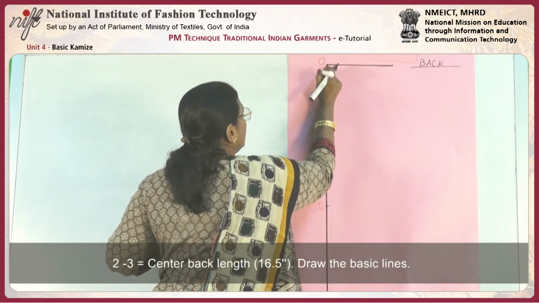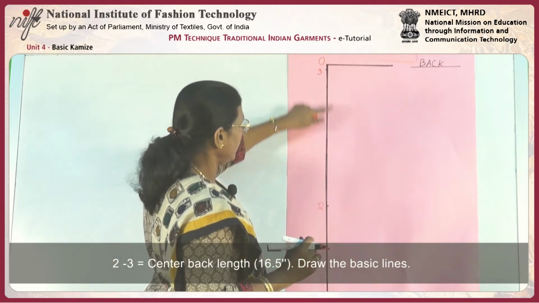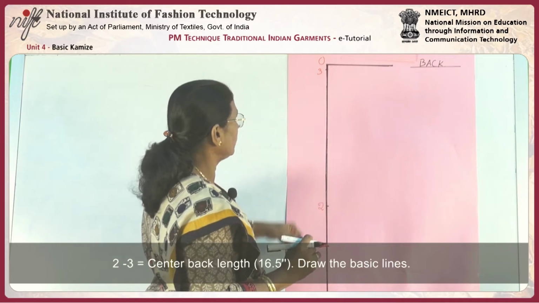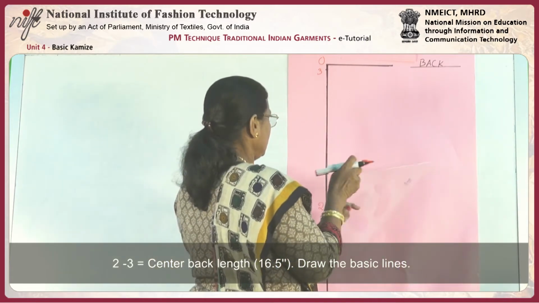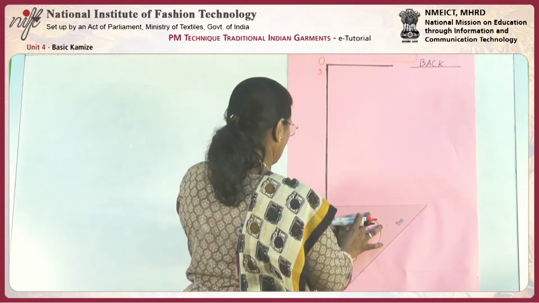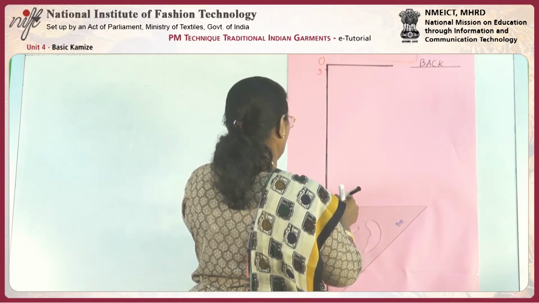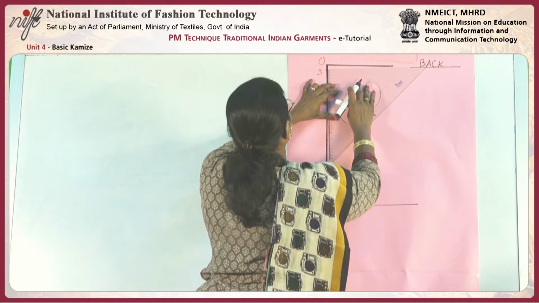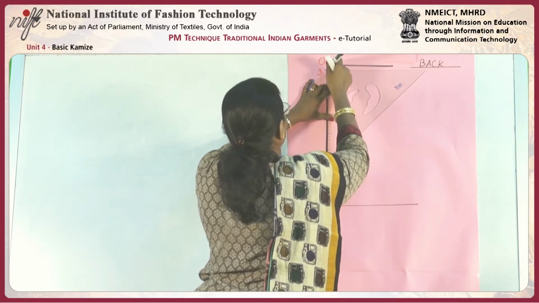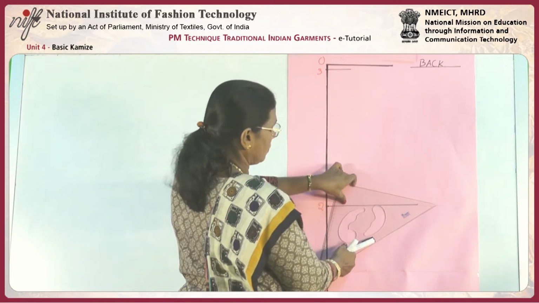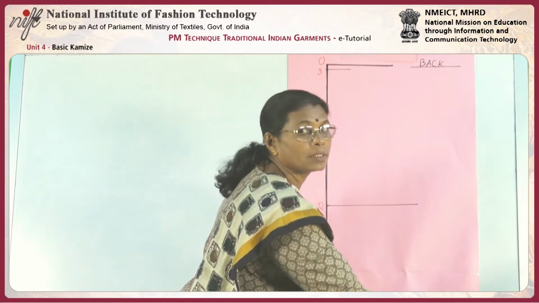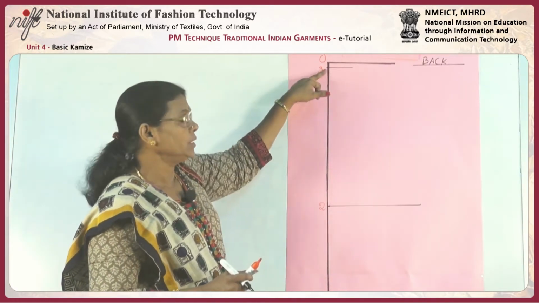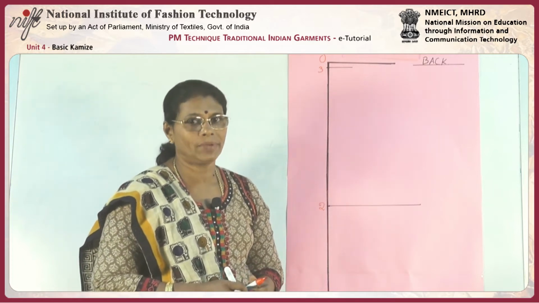This is 3. This is the difference between the center back length and the full length, the high shoulder point length, and draw the basic lines. 2 to 3 is the center back length or the natural waist length.